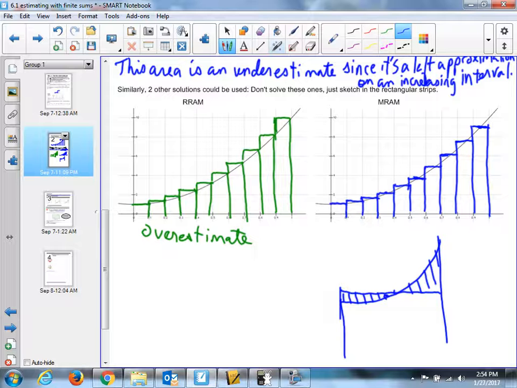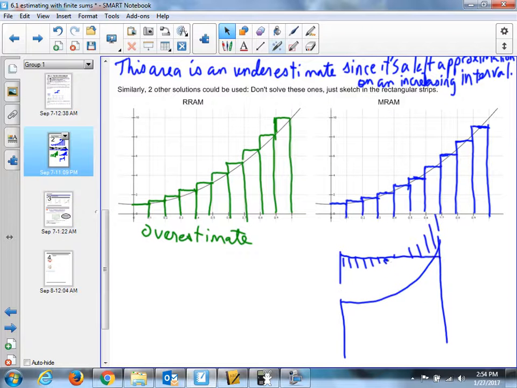The stuff on the left is the stuff we've added. Are we missing more, or is this an over or underestimate? It looks like an underestimate because the right-hand side of the strip is increasing even faster, right? That's the way it's concave up. When it's increasing and concave up, this will be an underestimate.